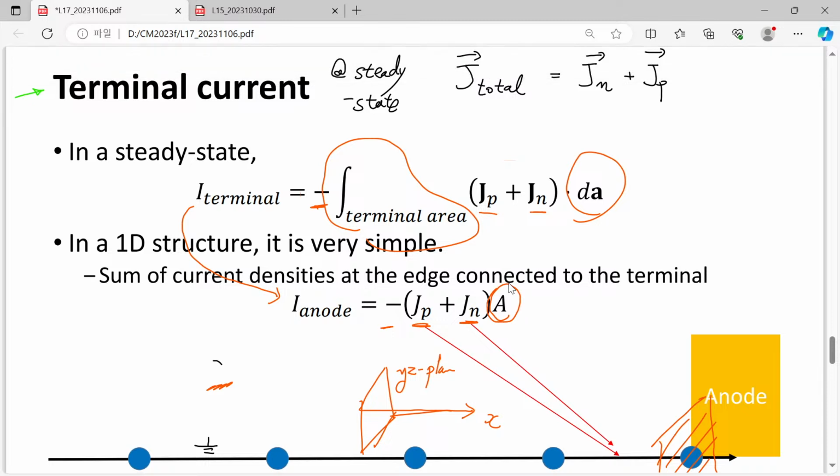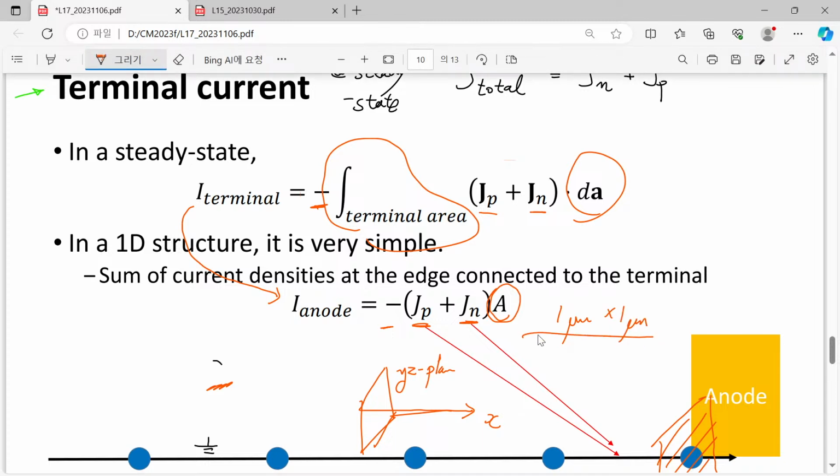Who decides the area of your device? You decide the area of your device. When you perform your 1D simulation, you say that, okay, my device has a 1 micrometer by 1 micrometer cross section. Or you say my device has 1 centimeter by 1 centimeter. Or you say 1 meter by 1 meter.